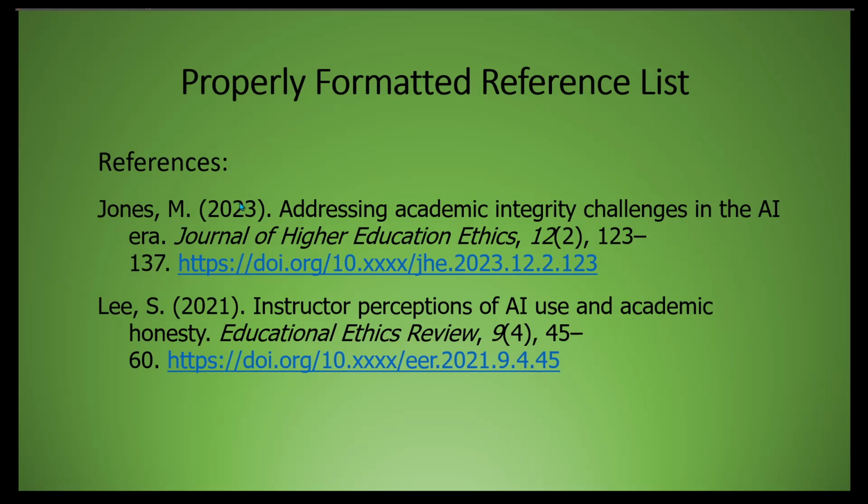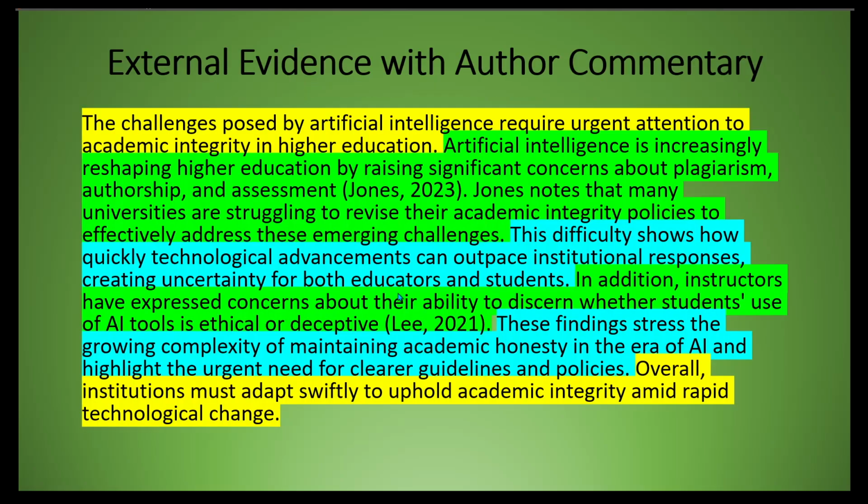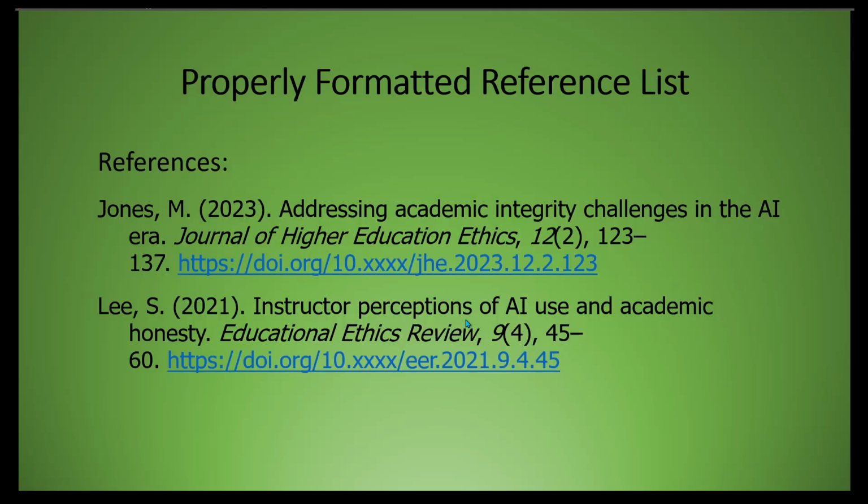Jones 2023 must appear in the text. Lee 2021 must appear in the text. Here, Jones 2023, Lee 2021. You cannot use any different name. If you use the name Jones and the name Lee, there must be a Jones 2023 in the reference list. There must be a Lee 2021 in the reference list.